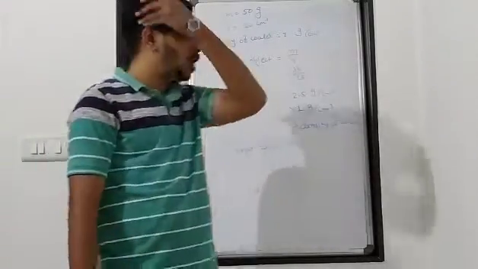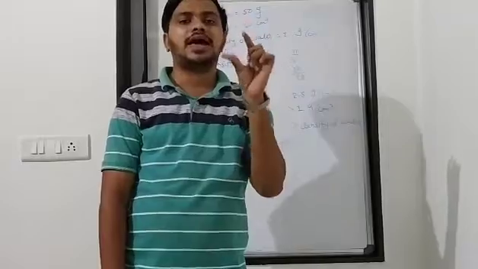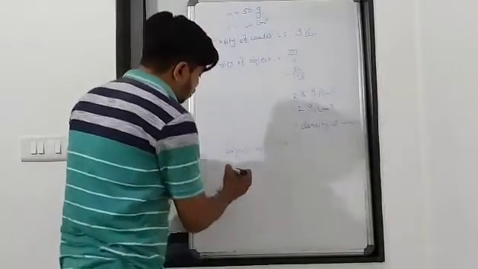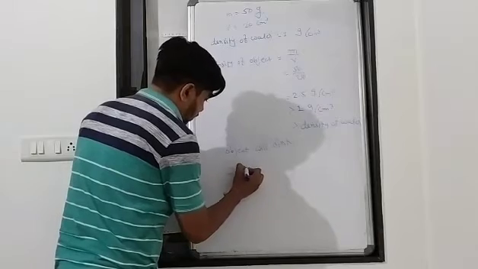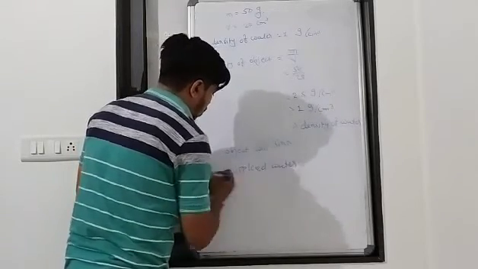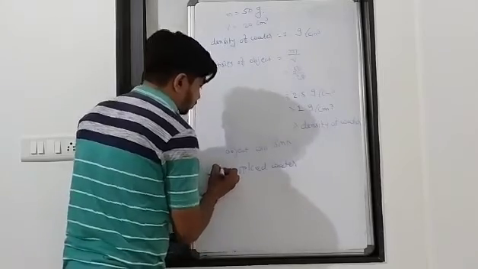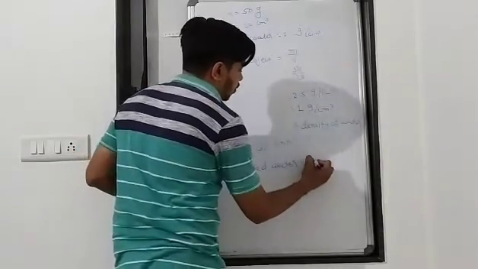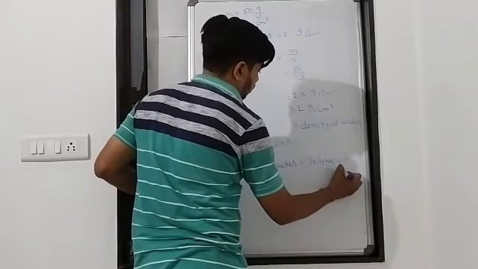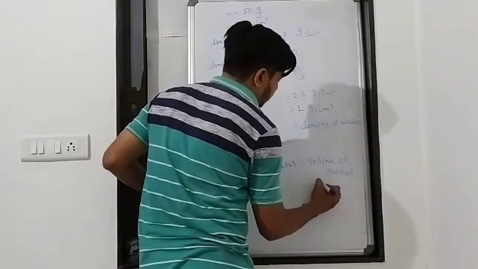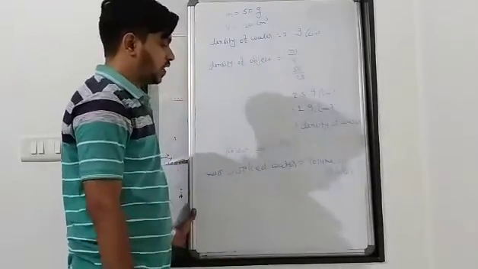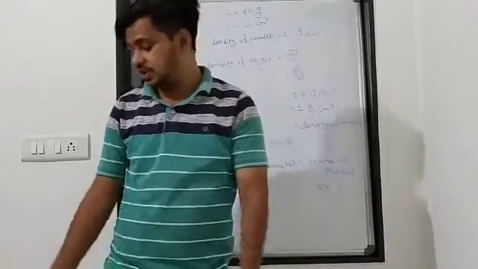Generally you know that water is displaced as per the volume of the object. So the mass of displaced water is equal to the volume of the packet. The volume is 350, so the displaced water is 350 gram. Understand? The mass of the displaced water is 350 gram.